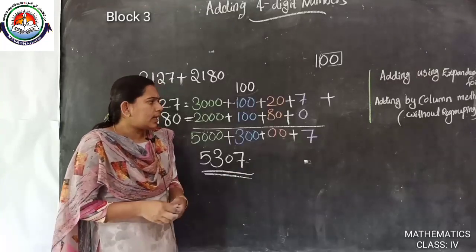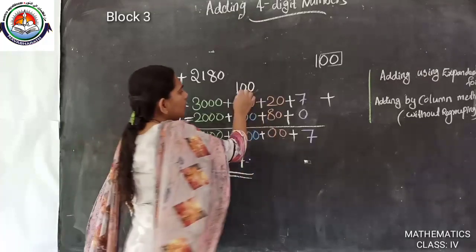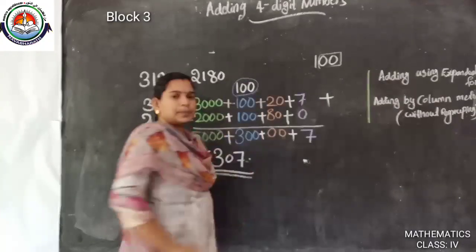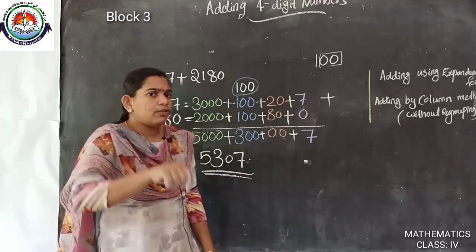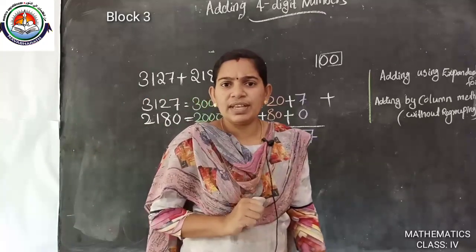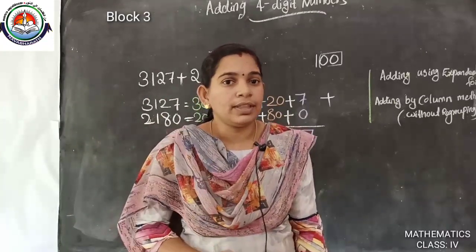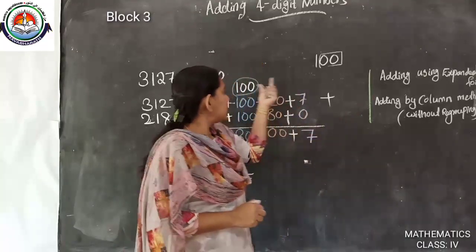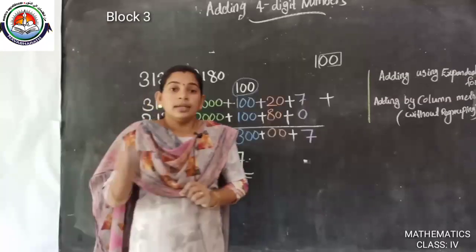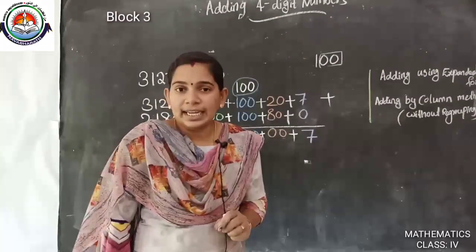Okay. Then look here. Is there a carry here? We discussed in the previous class without regrouping. Without regrouping means there is no carry. Today we are discussing adding where we will get a carry.